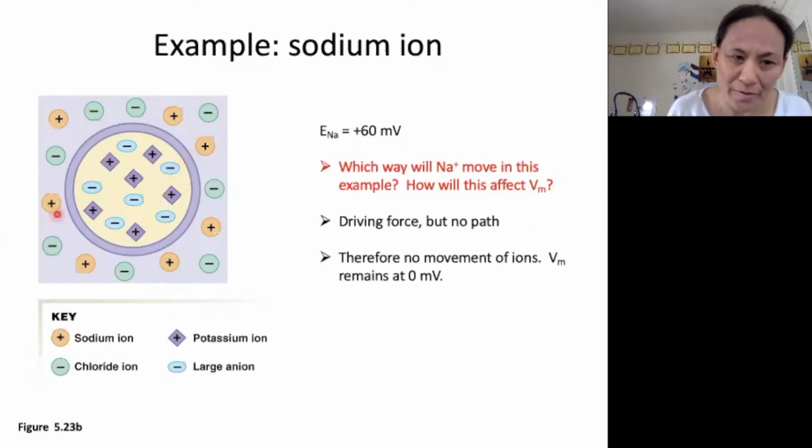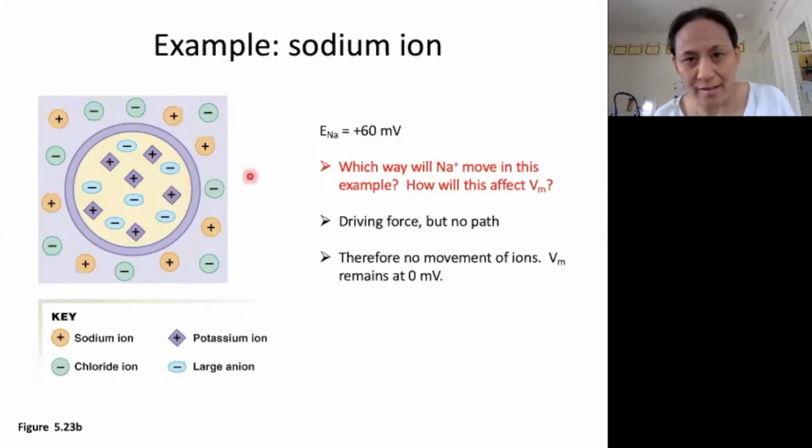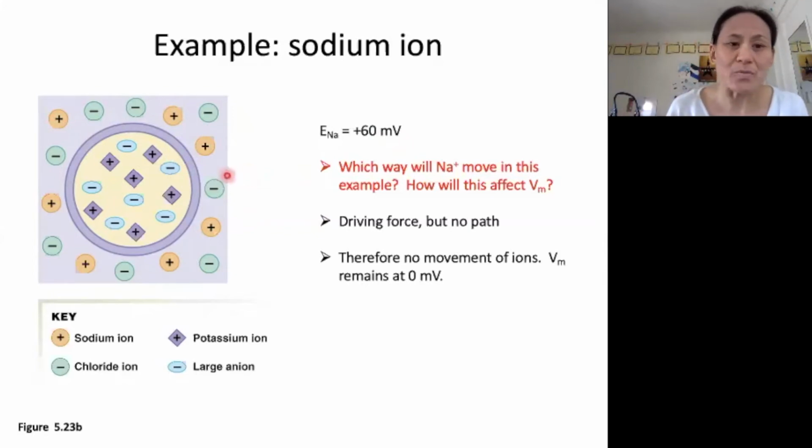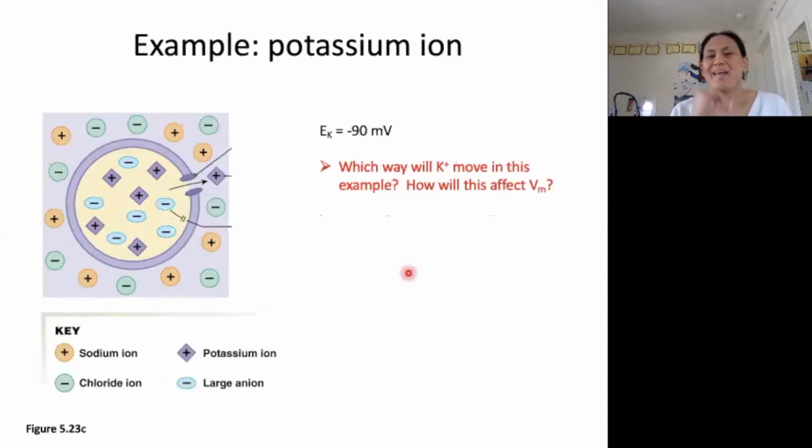So we have a 0 millivolt situation here. Sodium wants to move towards equilibrium, and to do so, it would have to move into the cell to make the inside of the cell more positive than the outside of the cell. However, it doesn't have the opportunity to do that because we don't have any sodium channels in the membrane. Therefore, we're not going to have any movement of sodium, and the membrane potential is going to stay at 0 millivolts.